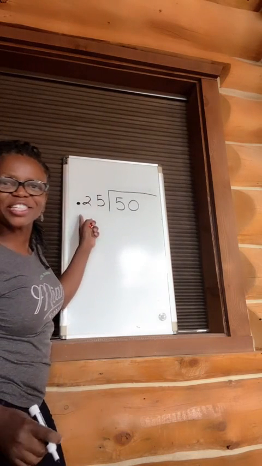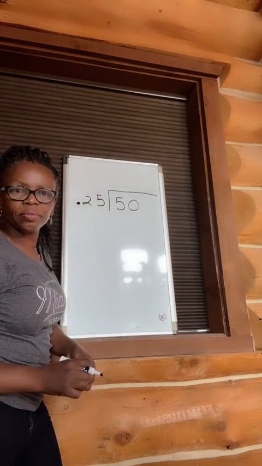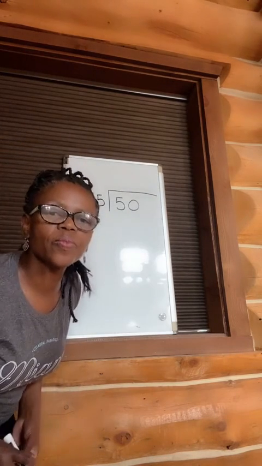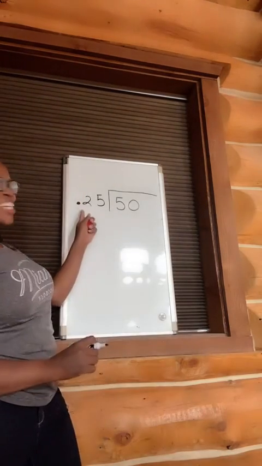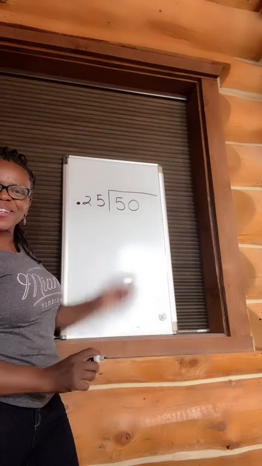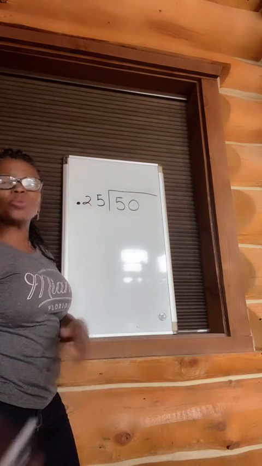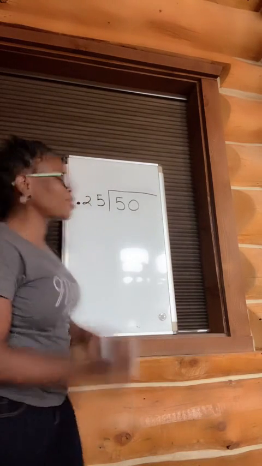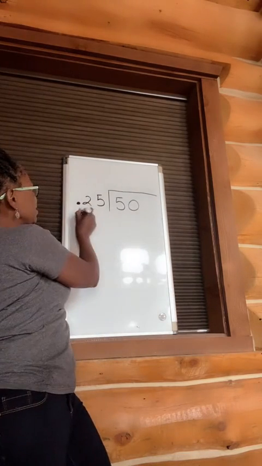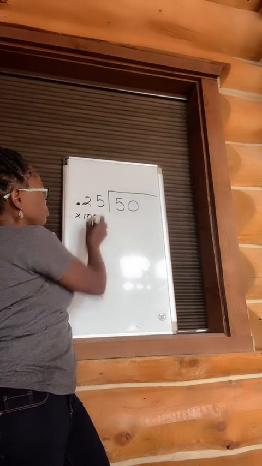How can we turn this into a whole number? Because we don't want to use decimals. Multiply by 100. Somebody said multiply by 100.